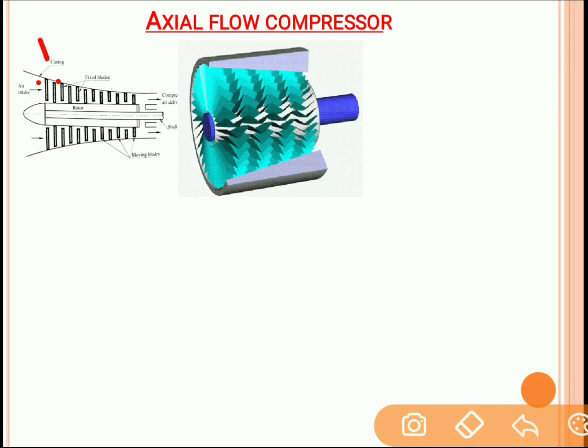The stationary blade is attached to the casing, and the rotary blade is attached to the rotor. Therefore, fixed and rotating blades are arranged in an alternate way.